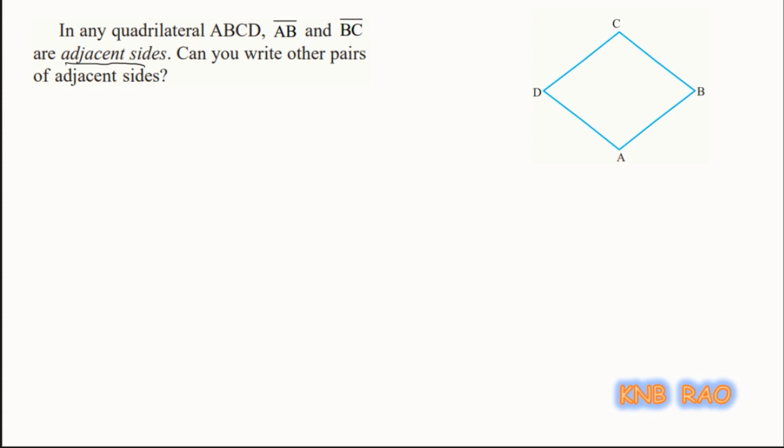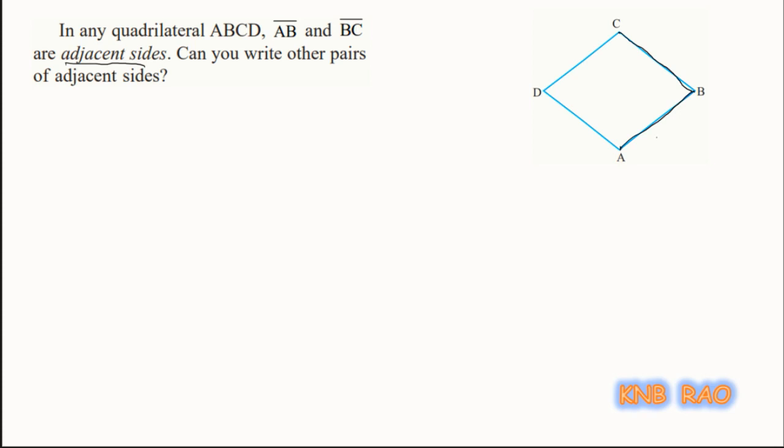Here, side AB: beside it I can see two sides. To the right side there is side BC. So AB and BC I can call a pair of adjacent sides. This is one pair.